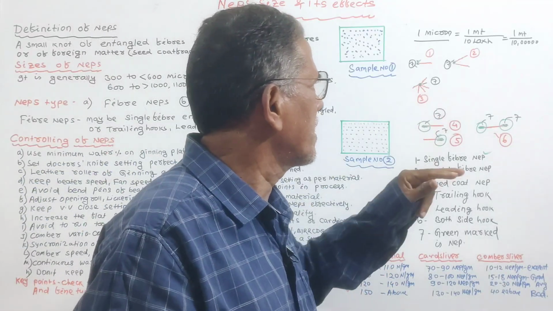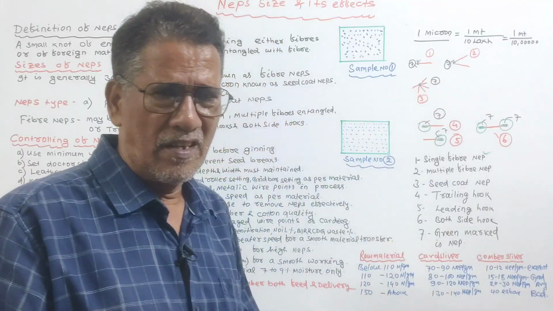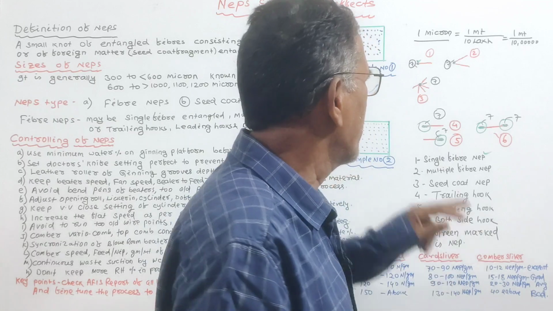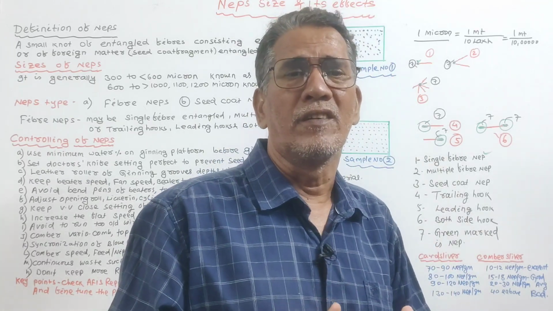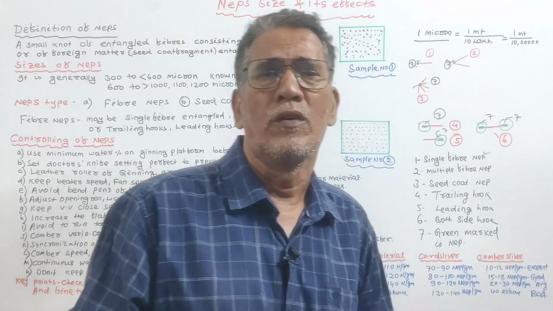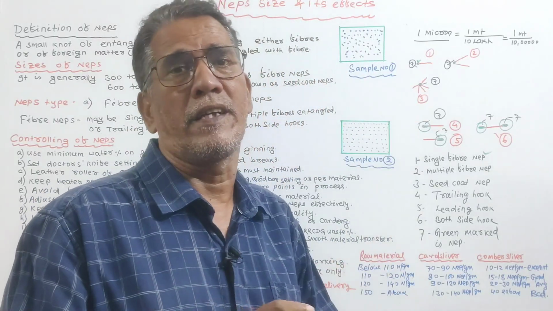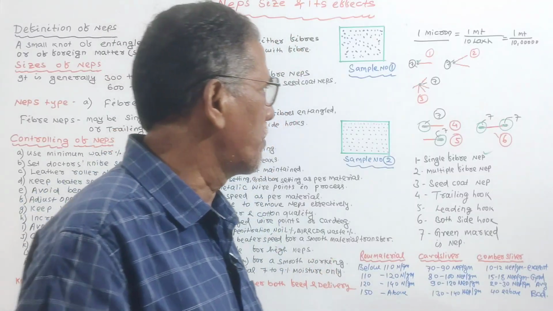That is called a seed coat nep. That is more dangerous and also thicker, and it should not be kept in the yarn. It should be removed. Then only you get perfect yarn quality. And we will tell you how to remove it.